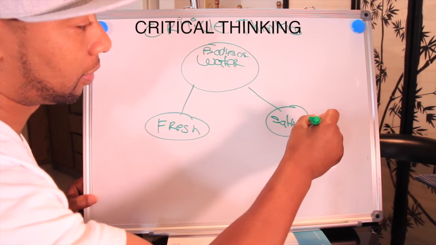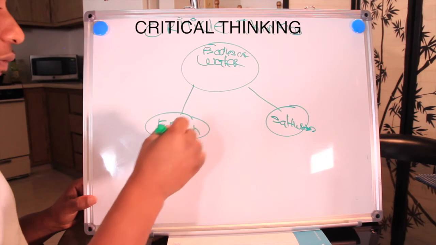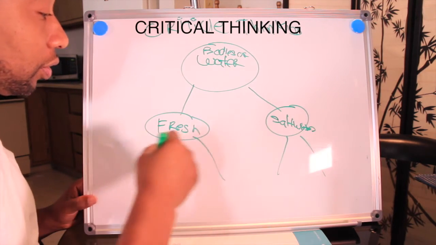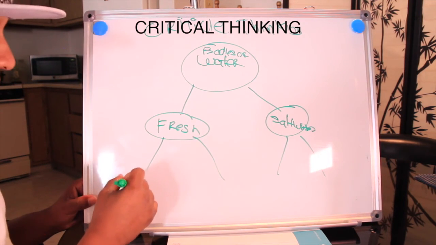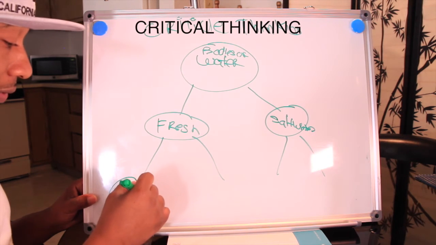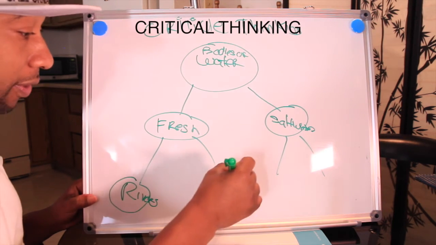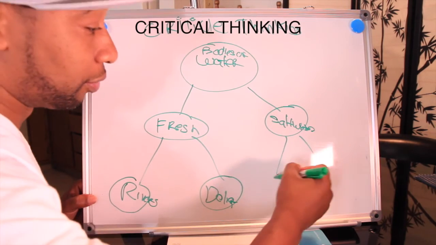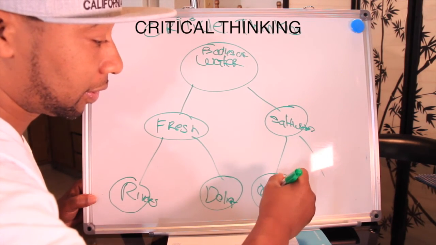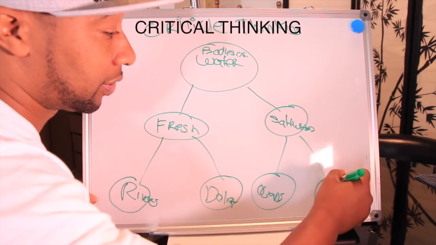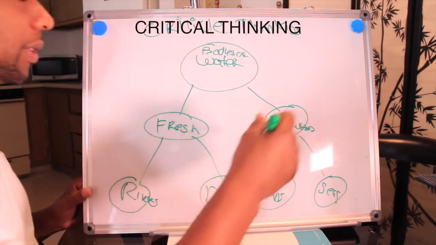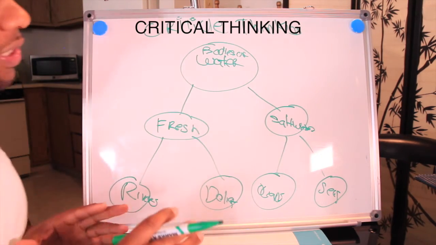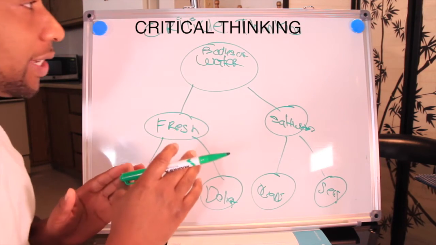And then from the fresh water and the salt waters, this would be rivers, deltas, oceans, seas. See what I'm saying? But I'm just showing you guys this.